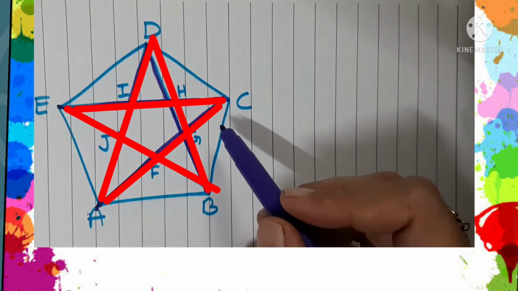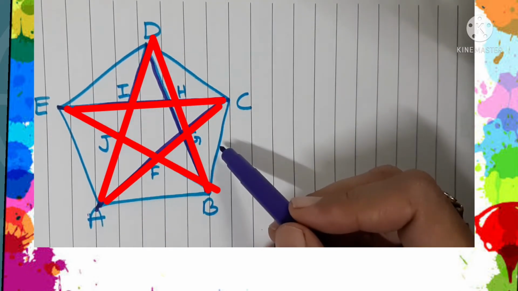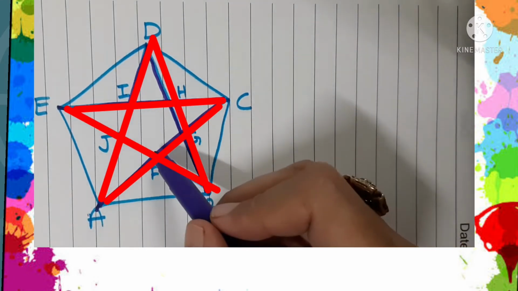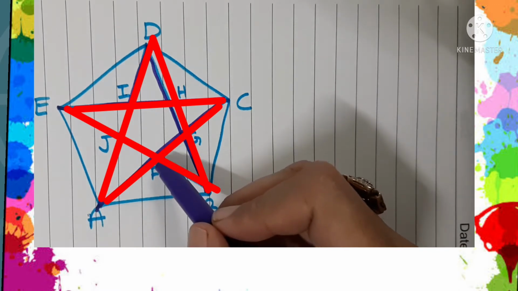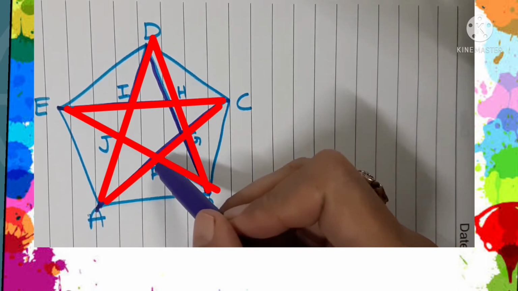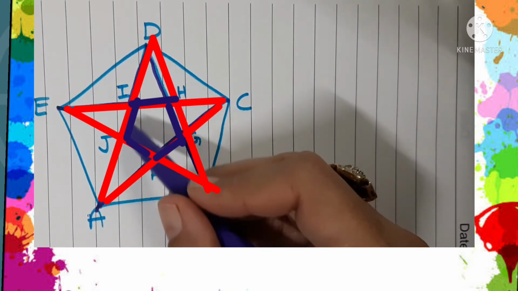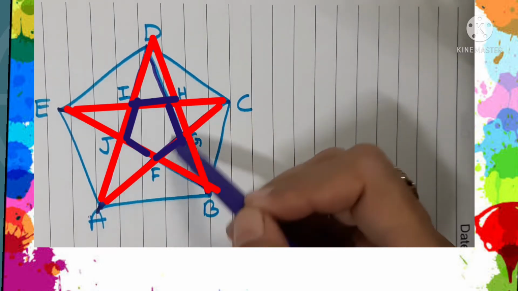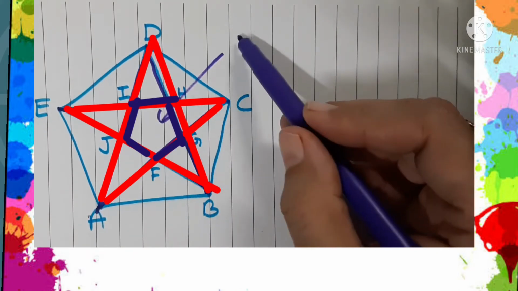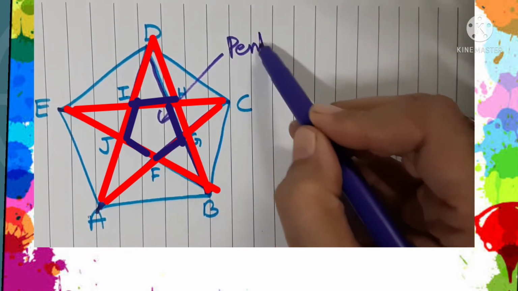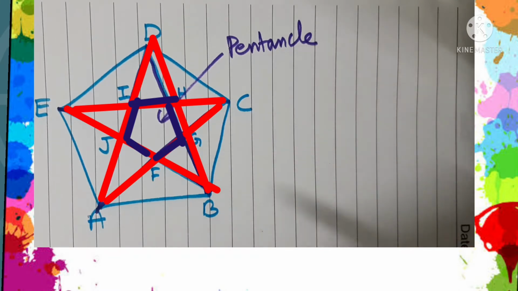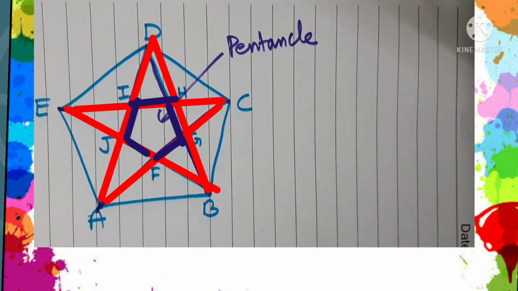When a star shape is formed by joining 5 lines, we see that a pentagon is there in the interior, that is FGHIJ. So such a shape is called a pentacle. So it's a star shape in which a pentagon is there.